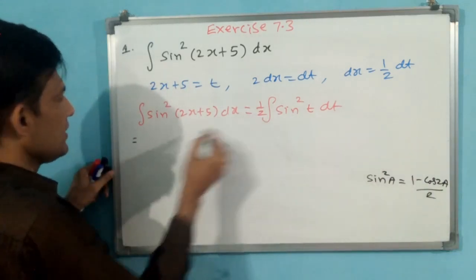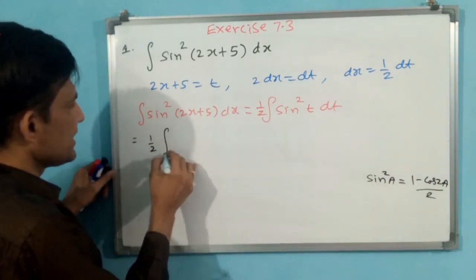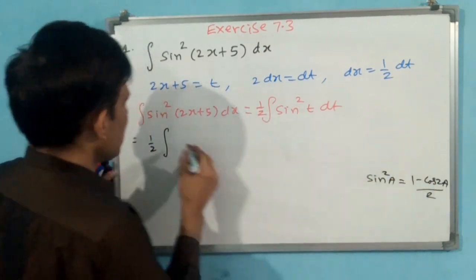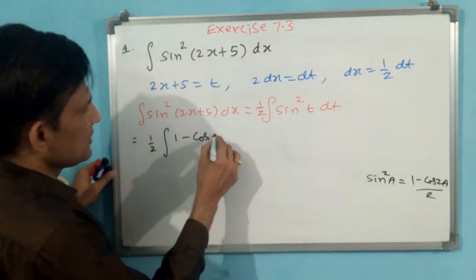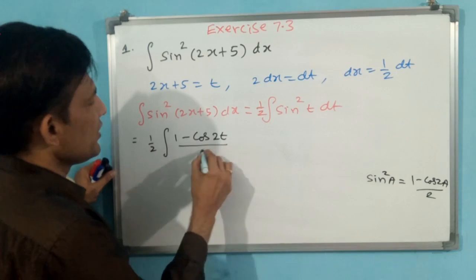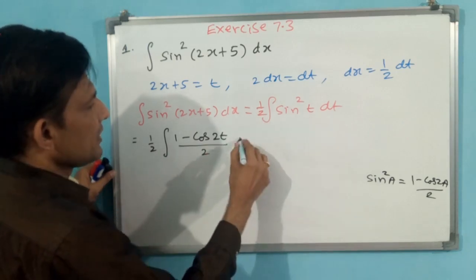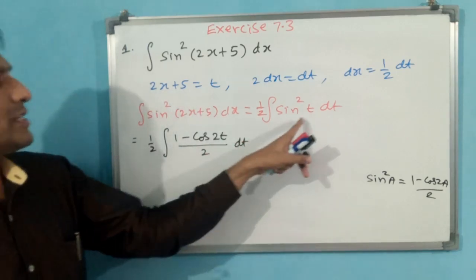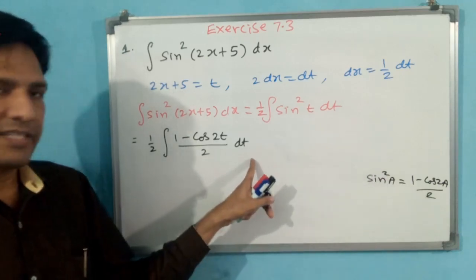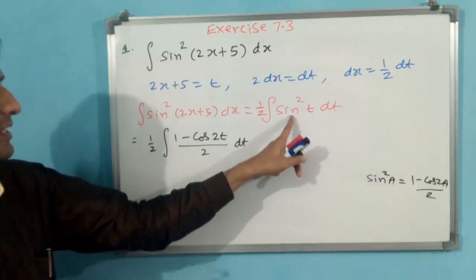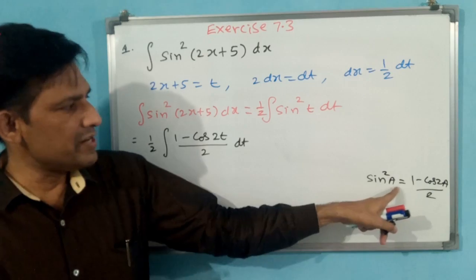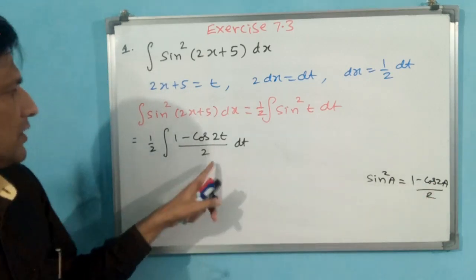That is equal to 1 by 2 integral sin square t, I am going to convert this as 1 minus cos 2t by 2 dt. You see, sin square t only I have converted, 1 by 2 dt is already there. Sin square a is 1 minus cos 2a by 2, so sin square t is 1 minus cos 2t by 2.